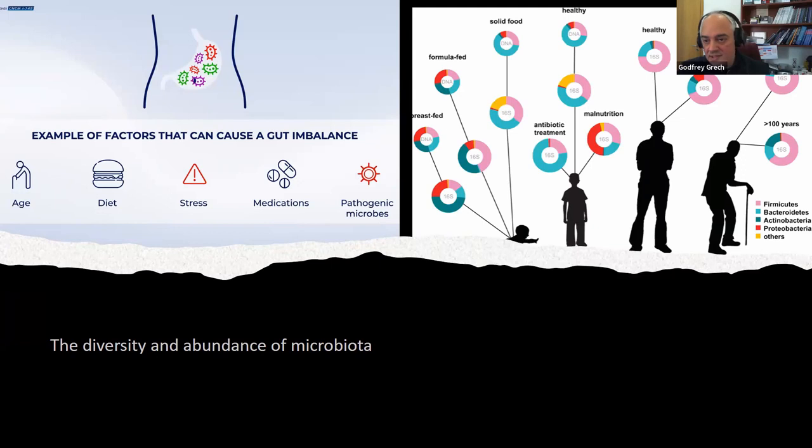Now, the important thing is that, of course, to prevent, we need to identify this before the disease, and therefore it's important that one understands if there are any differences, which can be restored before disease will start. Okay? Now, this particular balance, there are specific factors that can cause the imbalance, and this, as I mentioned, age, but diet is really affecting this, stress, medications, and also the presence of pathogenic microbes.